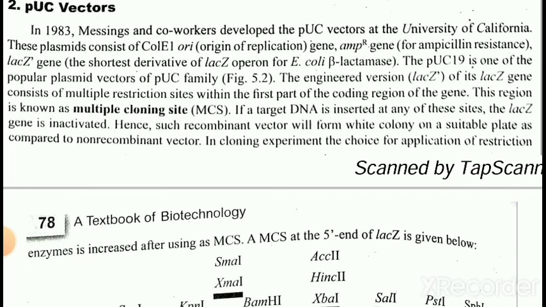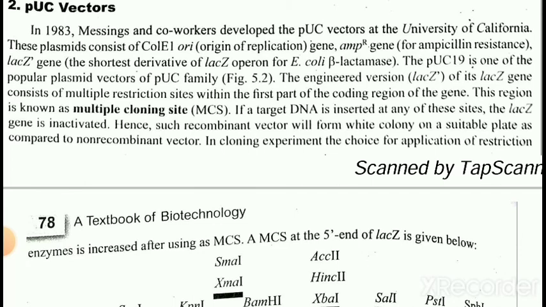The engineered version, lacZ', of its lacZ gene consists of multiple restriction sites within the first part of the coding region of the gene. This region is known as the multiple cloning site, MCS. If a target DNA is inserted at any of these sites, the lacZ gene is inactivated.